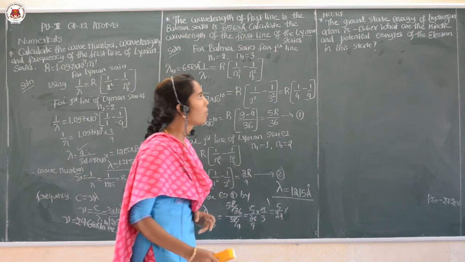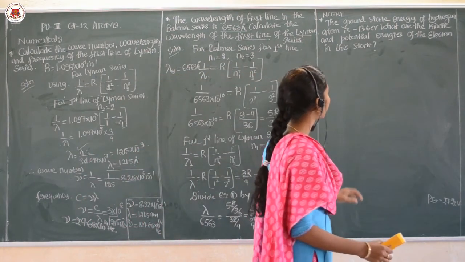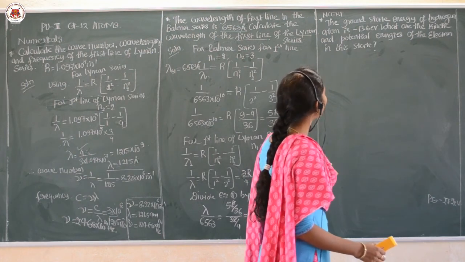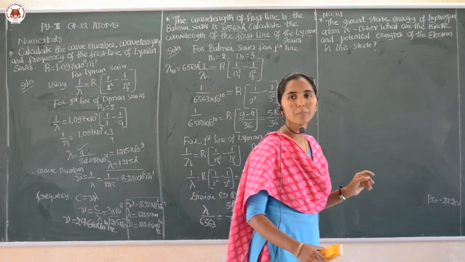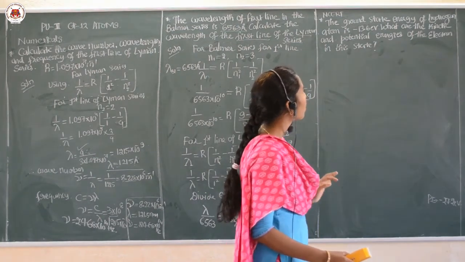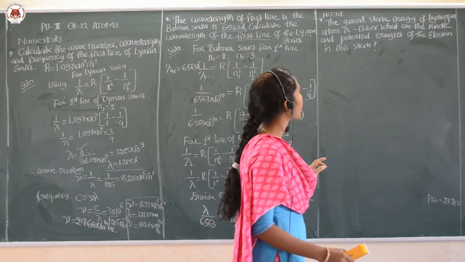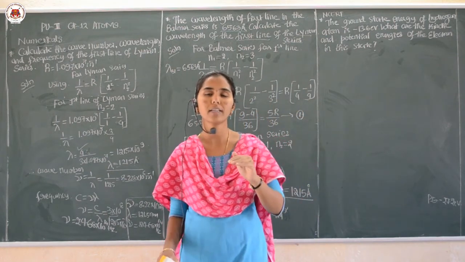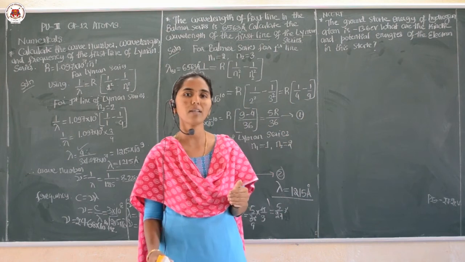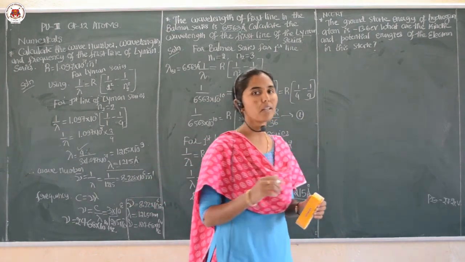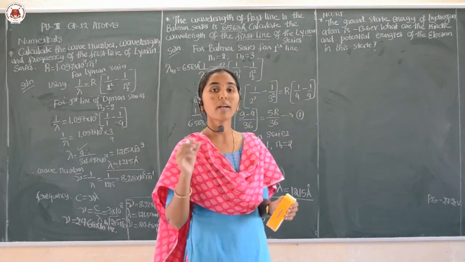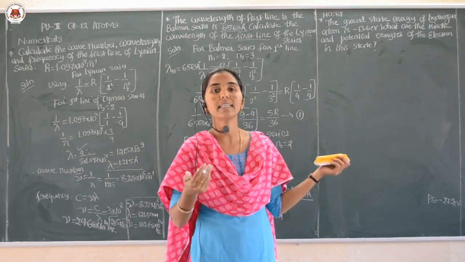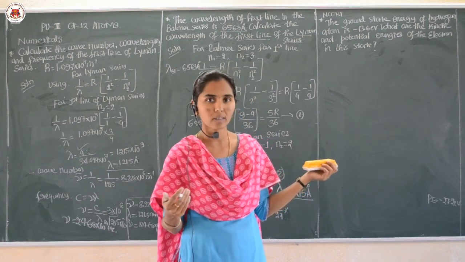Okay. Then the last numerical for this is: the ground state energy of the hydrogen atom is minus 13.6 electron volt. What are the kinetic and potential energies of the electron in this state? We know that ground state means the first state of the hydrogen atom, where the n value is equal to 1, and the energy that is present already is taken as the energy.